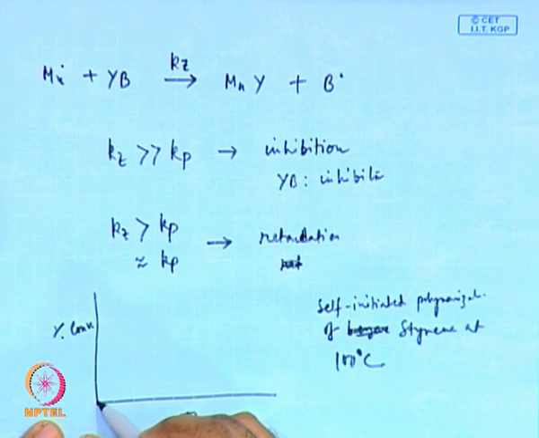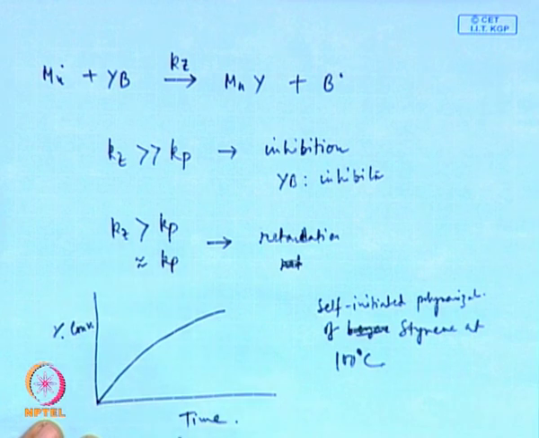Normally the reaction goes like this: with time more propagation is happening, so more monomer is undergoing polymerization reaction.